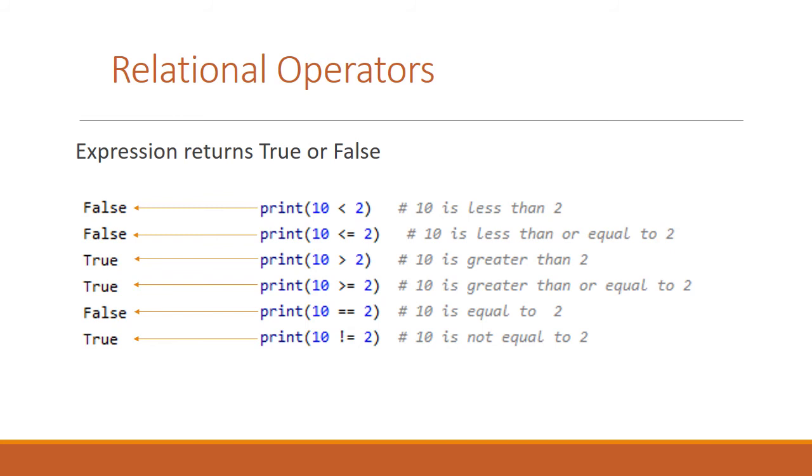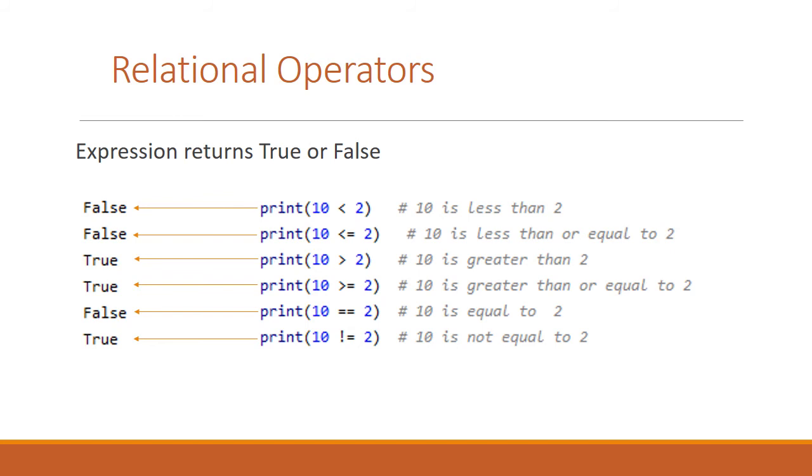Is 10 greater than 2? True. Is 10 greater than or equal to 2? True. Is 10 equal to 2? False. And is 10 not equal to 2? True. And notice if you test these in your Jupyter notebook, the actual output is true or false, depending on the expression.